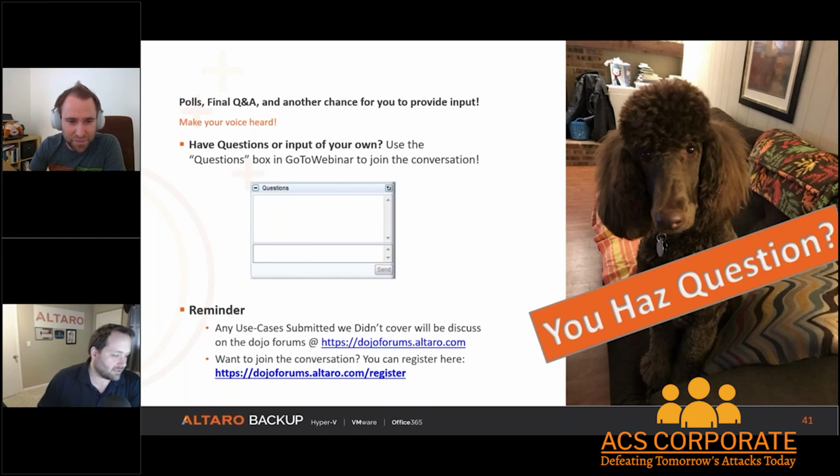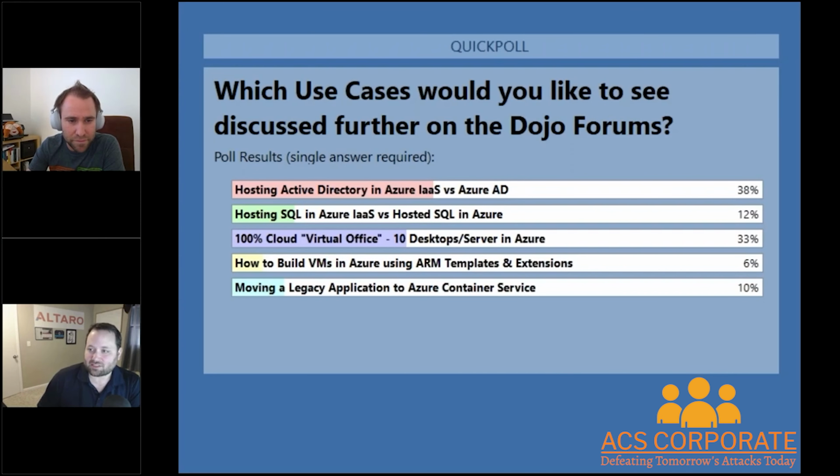Well, good deal. So I think that wraps it up for us on time. I wanted to share the poll results really quick before we sign off. This one doesn't surprise me. The top response we got for use case was Active Directory hosted in Azure IaaS versus Azure AD. We'll be sure to talk about that in the forums. The number 2 option was the 100% cloud virtual office.